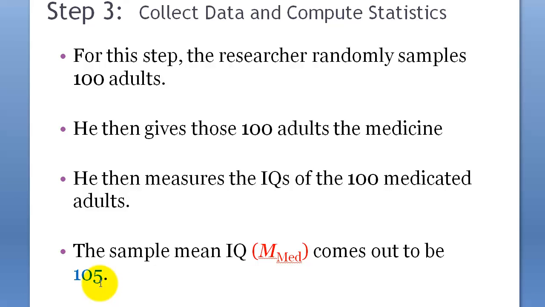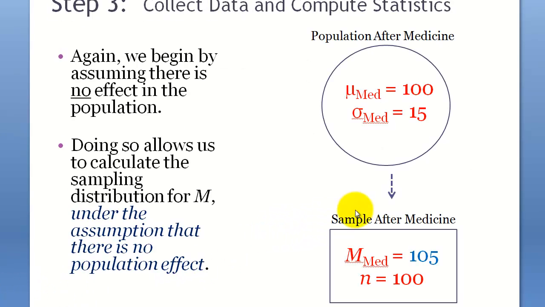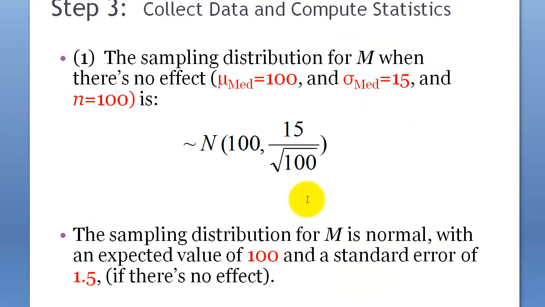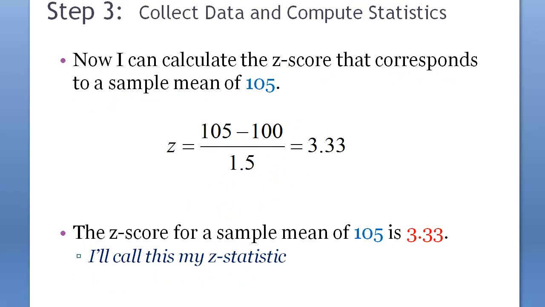And also, from this assumption or hypothesis, the null hypothesis, there's no change in sigma, which is 15, and from that we gather this idea, normal distribution with mean 100, and this is the standard deviation of a sample, which is 1.5, was it? Yeah. And the z-score for that was 3.33. It's the same as before. So that's step 3.